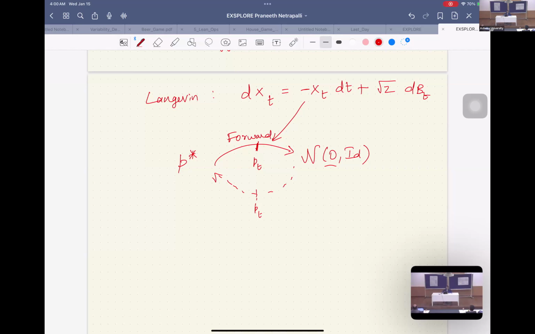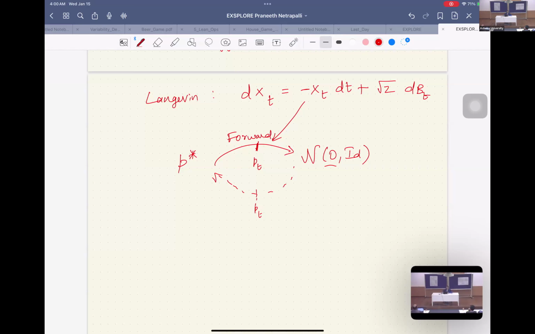Yeah, we can do it, but usually this is sufficient. The more strongly log-concave, it will also become sharper, and discretization might become a bit more difficult. But in continuous time, it doesn't matter.